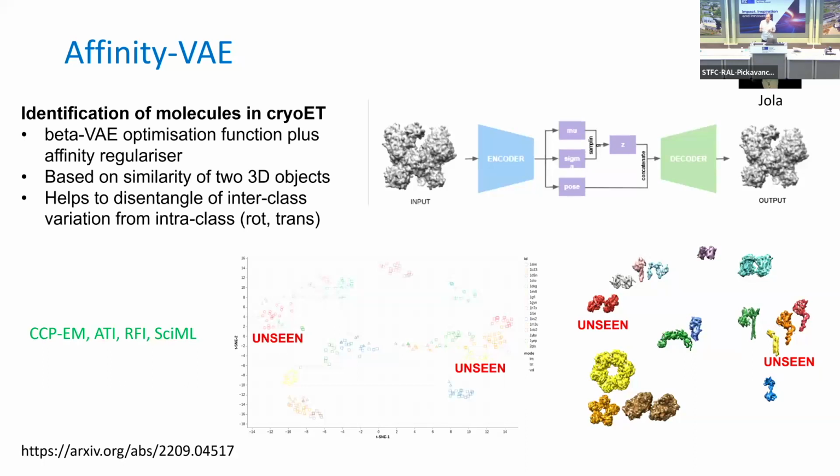So it basically tries to arrange latent space so that similar molecules are next to each other in latent space, irrespective of their rotation and translation. And at the bottom, there's just an example of how that's been done. The bottom left is a representation of the latent space, and it's showing how particles are clustered. The right-hand side is what they correspond to in reality, and you can see that similar particles go together.